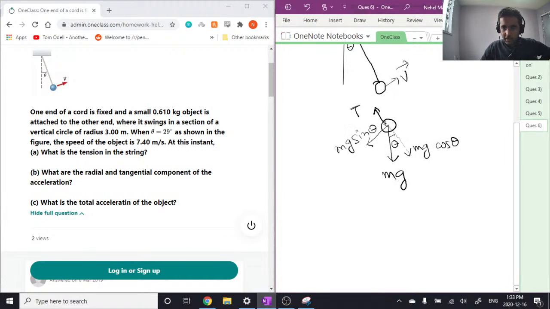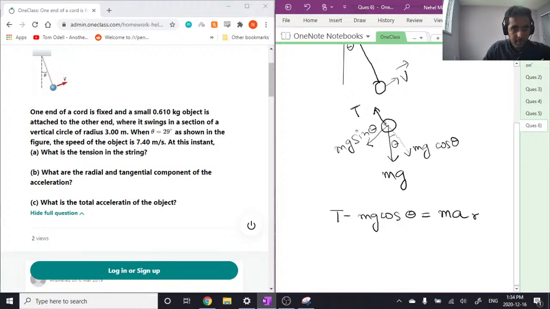So the question is asking what is the tension in the string. If I sum all the forces along the string, I would get T minus mg cosine theta is equal to ma. Now a is actually the centripetal or radial acceleration, which we will call a_r.